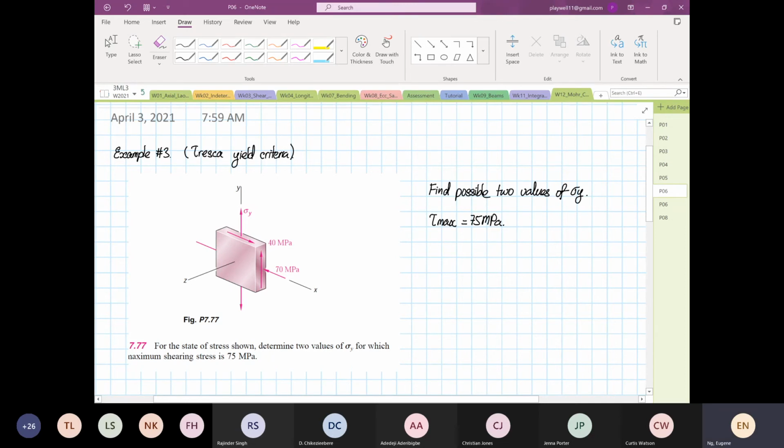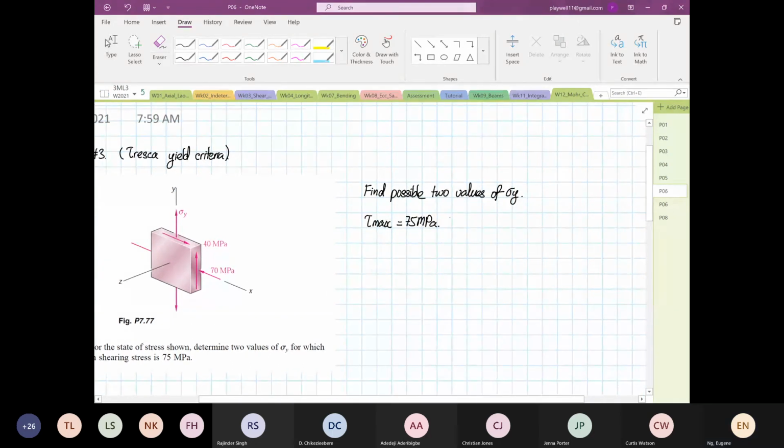So this is the maximum shear it can go. This is also known as the shearing stress criteria.